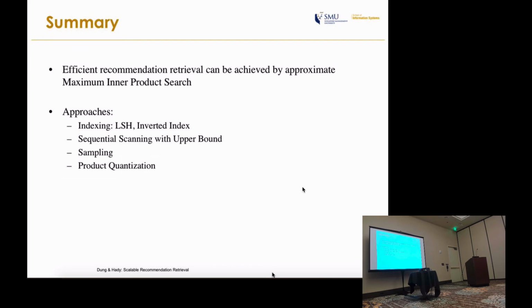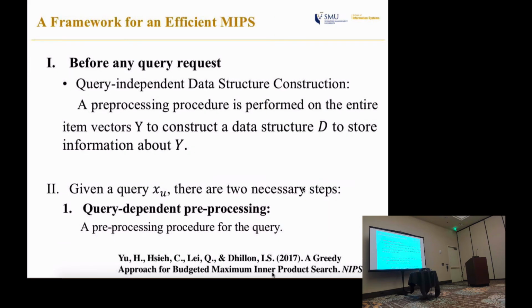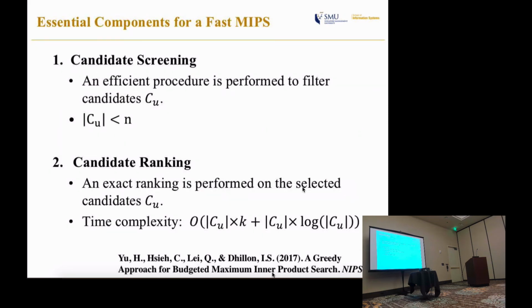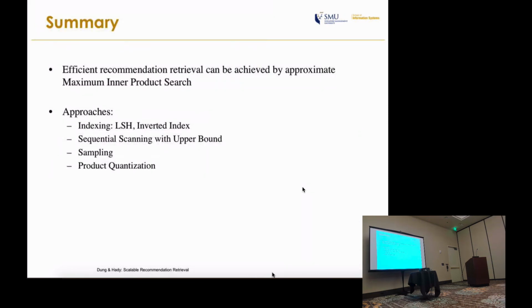So that is a framework that you can base on to construct an efficient solution for maximum inner product search. So to summarize, efficient recommendation retrieval can be solved via solving maximum inner product search approximately, and there are multiple possible approaches.